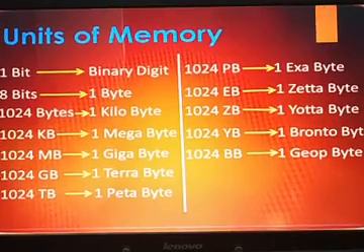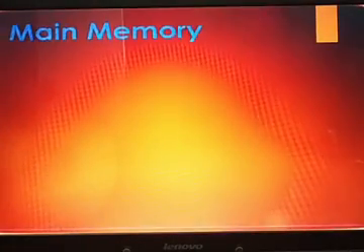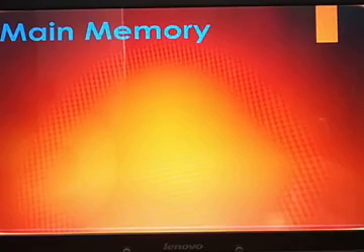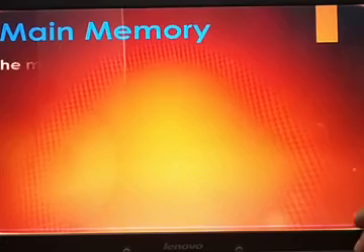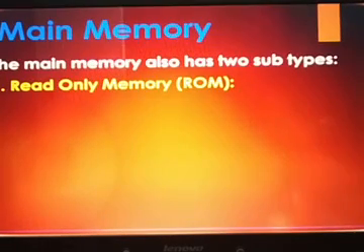Now let's discuss main memory. So you know that all computers have main or internal memory to store programs and data while the computer is running. The main memory also has two subtypes. First one, read-only memory.